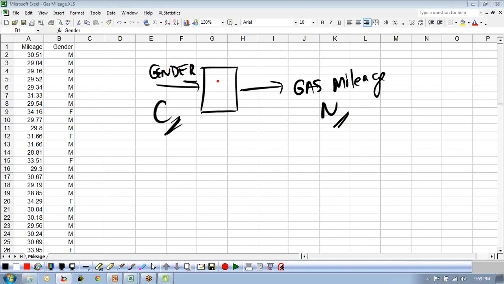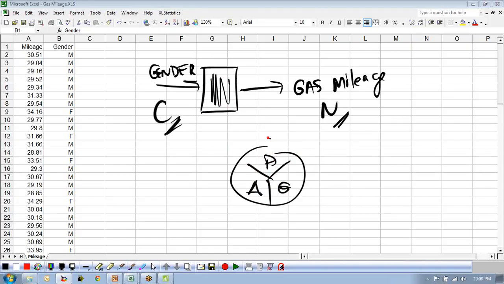So far so good. And there's our process, whatever that process is, a bunch of process steps. Okay, so practical, graphical, analytical. Okay. P, I wonder if gender is a driver of gas mileage. Let's make a plot. If it looks like it is, then let's do some analysis, nail it down, and make a conclusion. Sound good? That's what we're going to do.